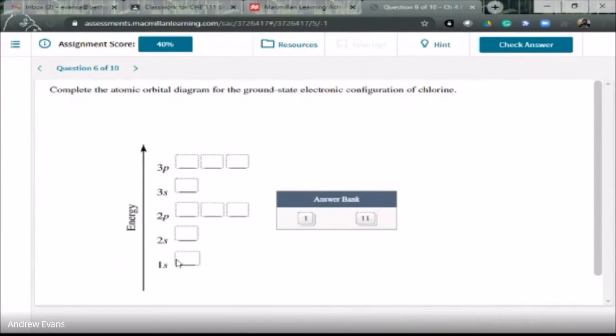So we'd go 1, 2, spin up, spin down. 3, 4, spin up, spin down. 5, 6, 7, 8, 9, 10, and then 11, 12.